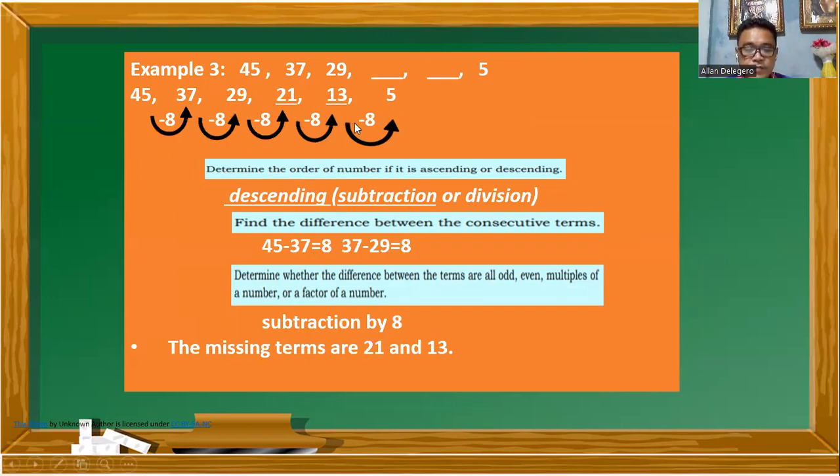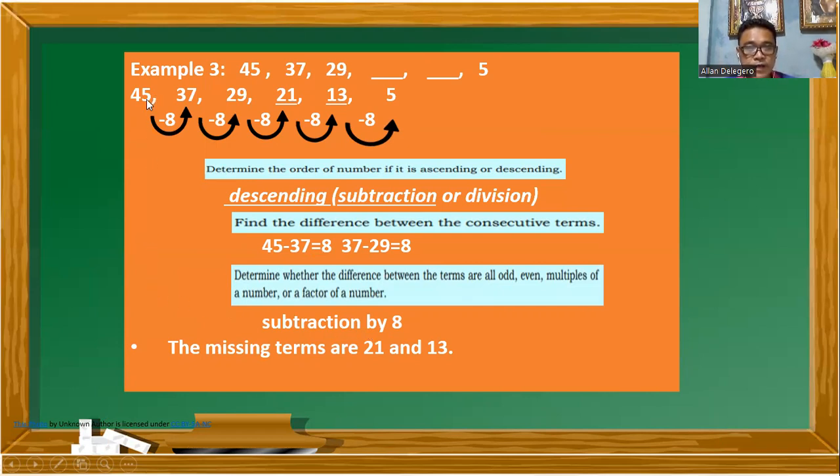To find the missing terms, you need to get the difference. So 45 minus 37 is 8. 37 minus 29 is 8. So you have to subtract by 8.